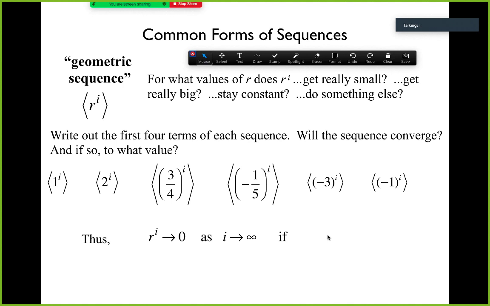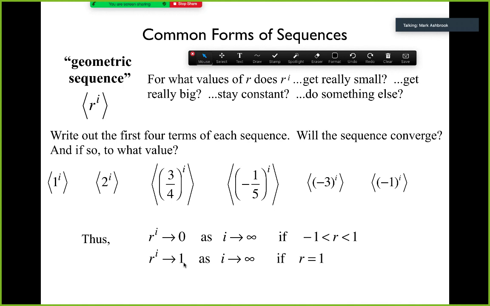All right, so we say that the sequence converges to 0 as I gets big if r is between -1 and 1. And that's our focus case, our interesting case. We also have this case, which is kind of trivial: if r equals 1, we just get the list of all ones, and that converges to 1.